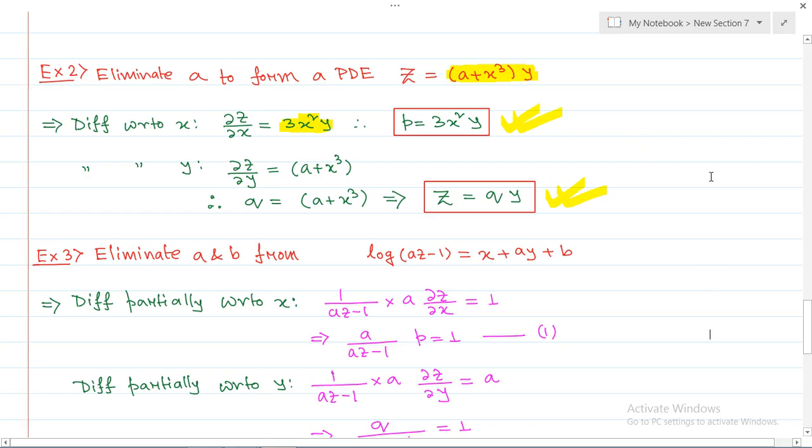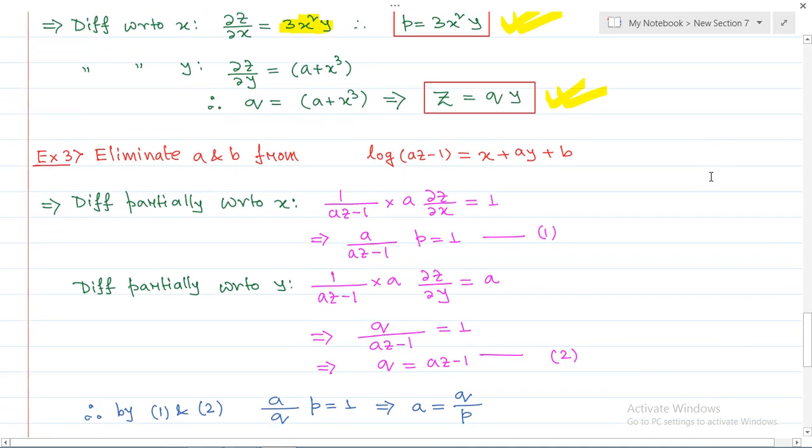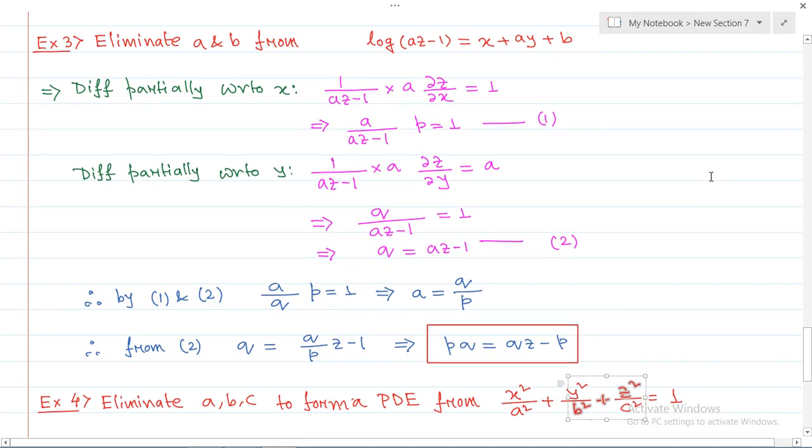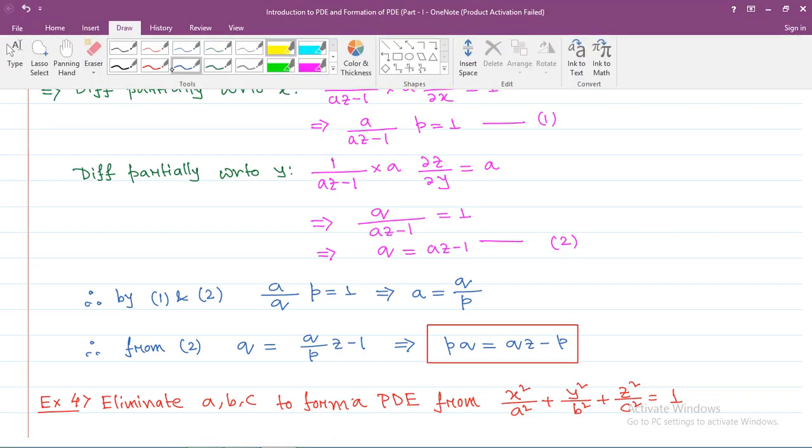Suppose eliminate a and b to form the partial differential equation log of az minus 1 equals to x plus ay plus b. Process is same. First of all, we have to differentiate the expression with respect to x. So now what is the derivative of log x?